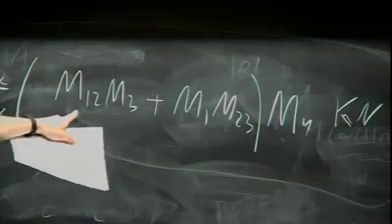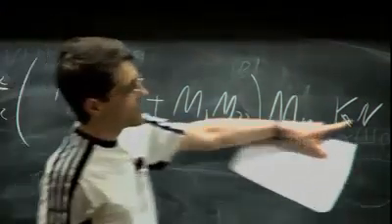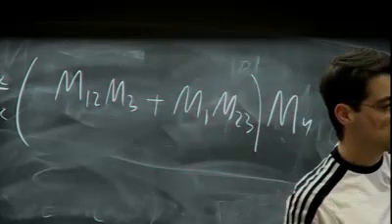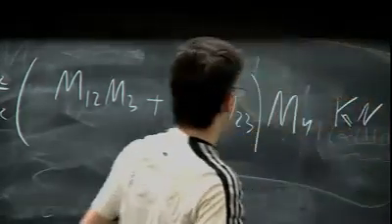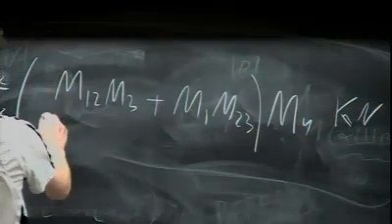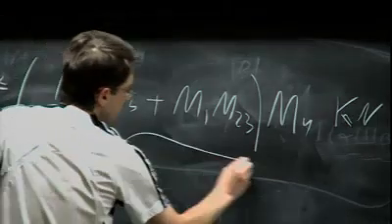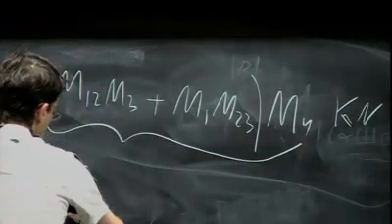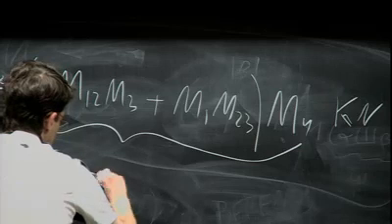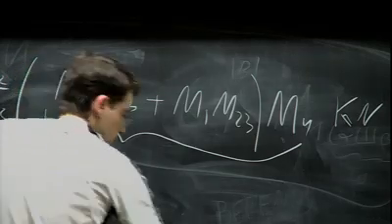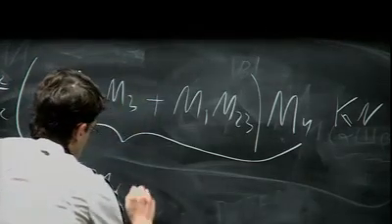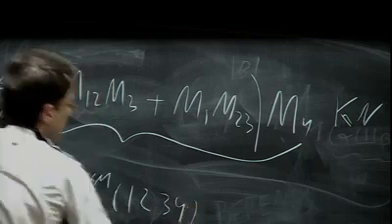But what is this guy here? We just computed. We just guessed the result. This one is precisely the 4-point Yang-Mills amplitude with this color ordering.